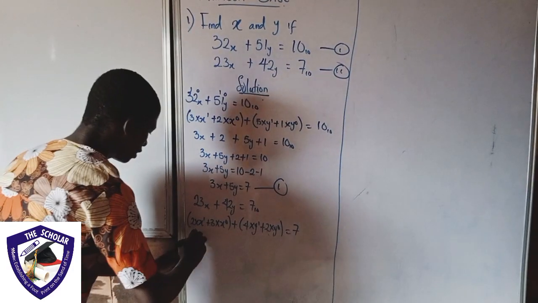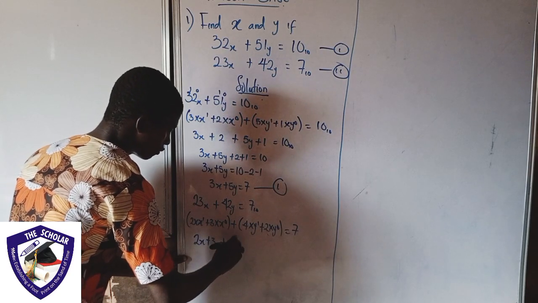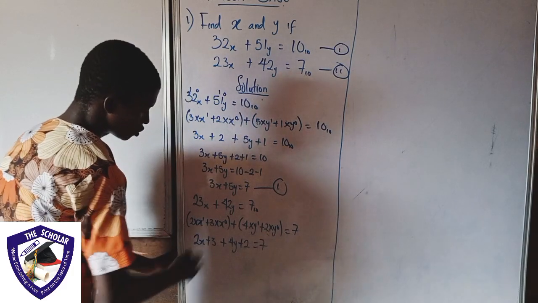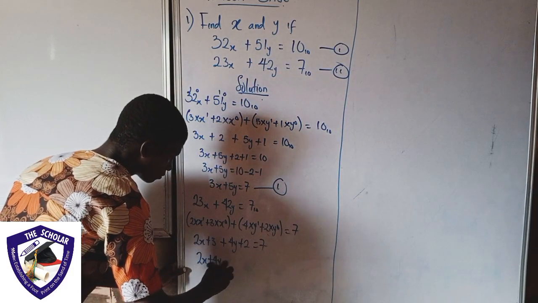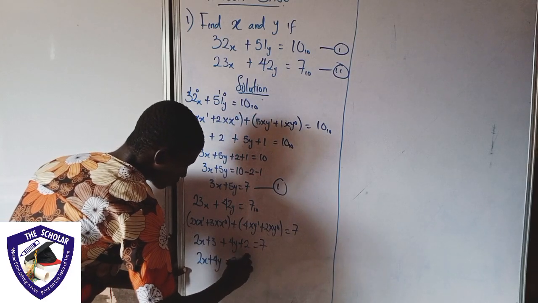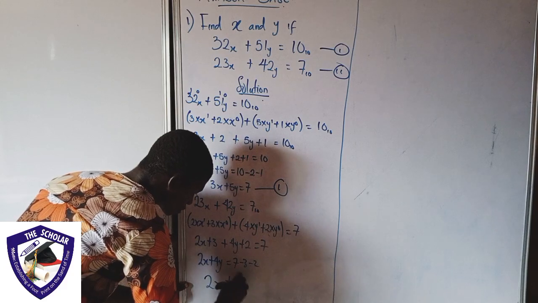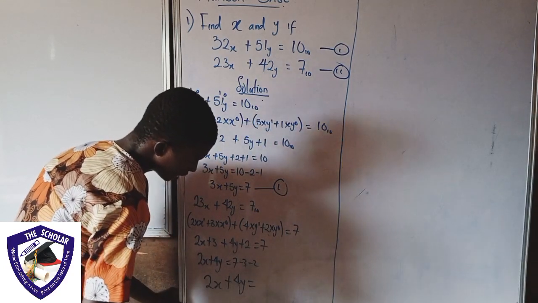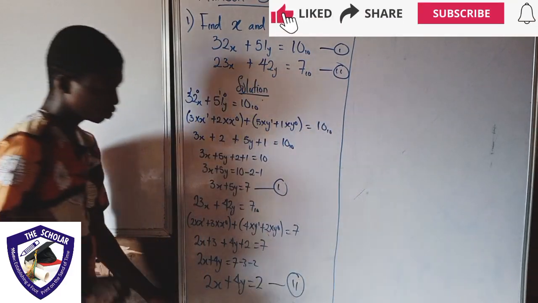So here we have our 2x plus 3 plus 4y plus 2 equals 7. So here we have our 2x plus 4y equals 7 minus 3 minus 2. So we have 2x plus 4y to be equivalent to 7 minus 3, that is 4, minus 2, that is 2, as my new equation 2.